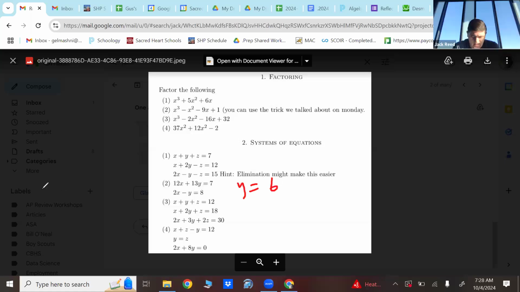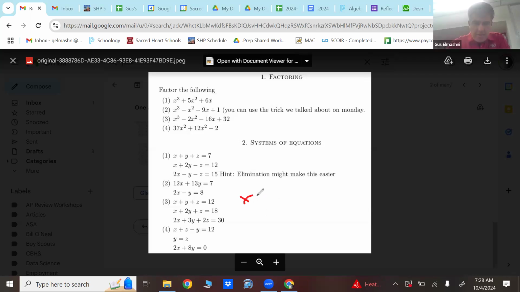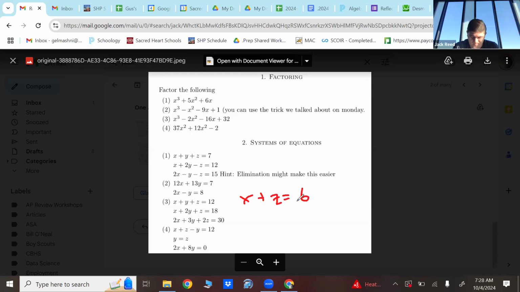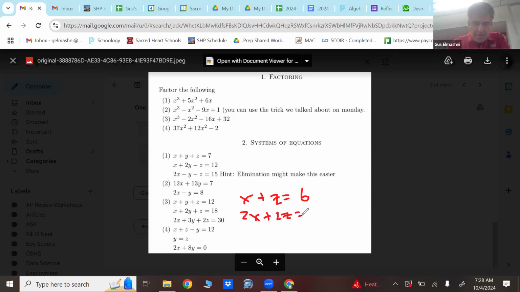Okay. And then you should get x plus z equals 6. And then for the other equation, you could say 2x plus 2z equals 12, because that becomes 18. The problem is that they're going to be identical equations.